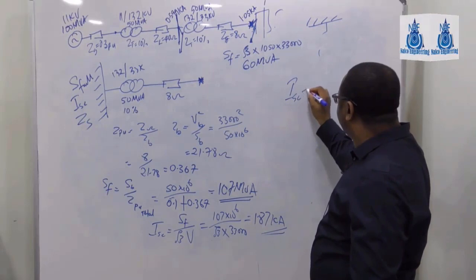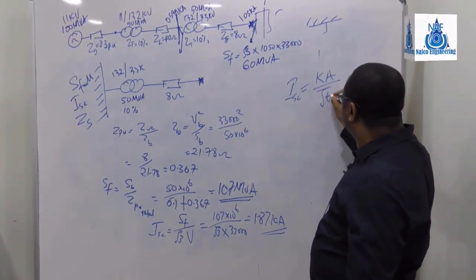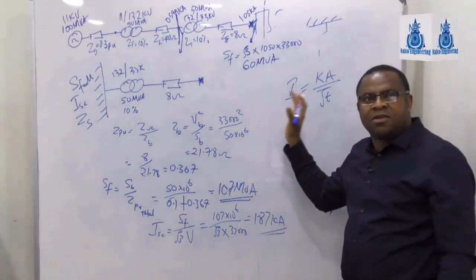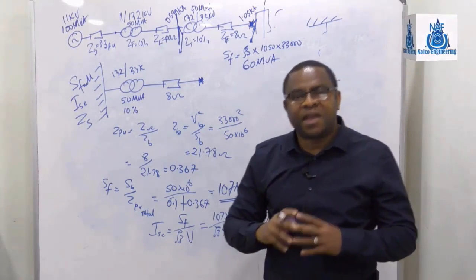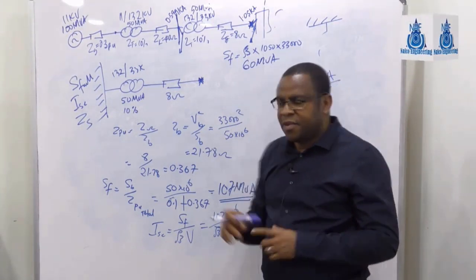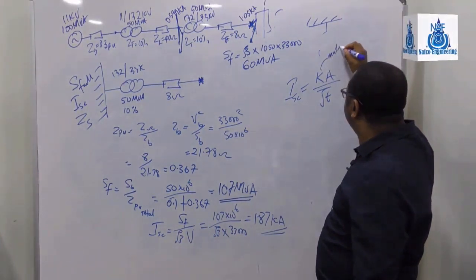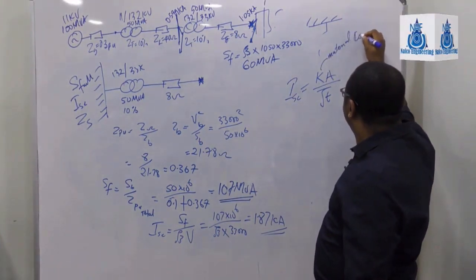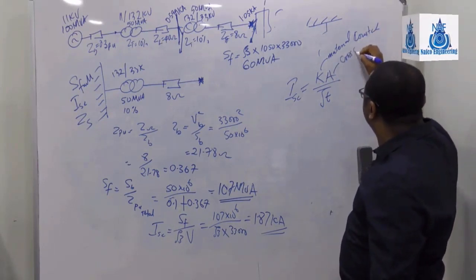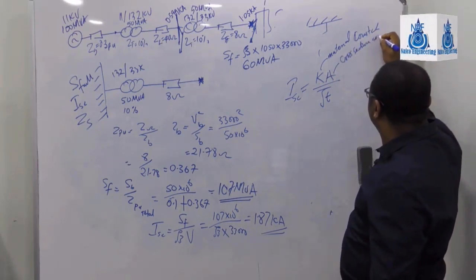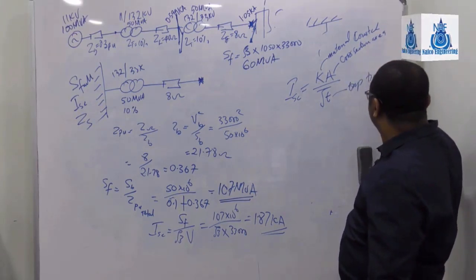I short circuit is K A over root T. This is the short circuit rating of a cable, where K depends on the material, the material constant, A is the cross-sectional area, and T is the trip time of the breaker.